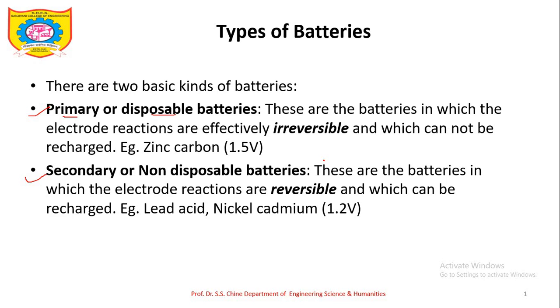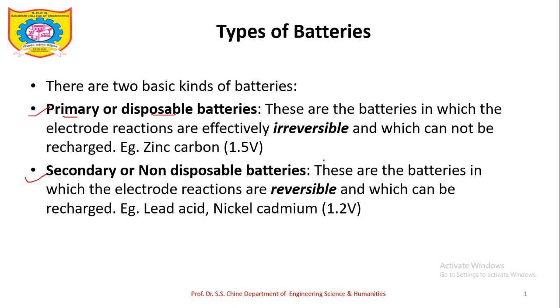So what does it indicate? As we use that torch, after a few days it will not work. Whatever reactants, chemicals are present in that battery will be converted into the product. So that is an irreversible reaction. Once it converts into the product, it will not reverse.